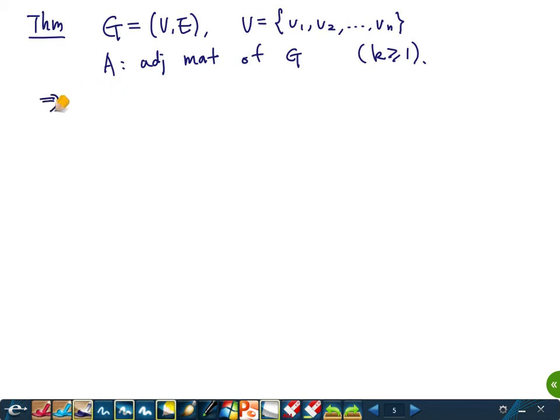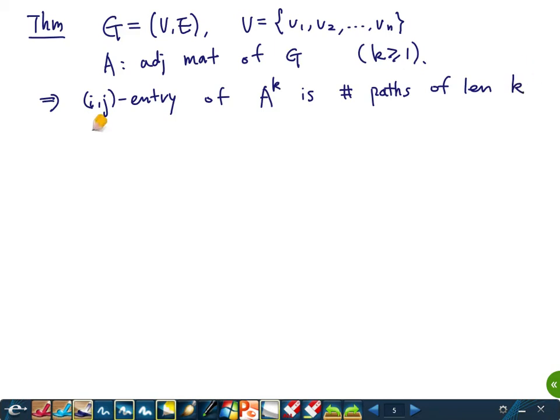Then the ij entry of the kth power of A, A to the k, is the number of paths of length k from the ith vertex to the jth vertex. So in the previous example we saw k equals 2, but in general it's true.